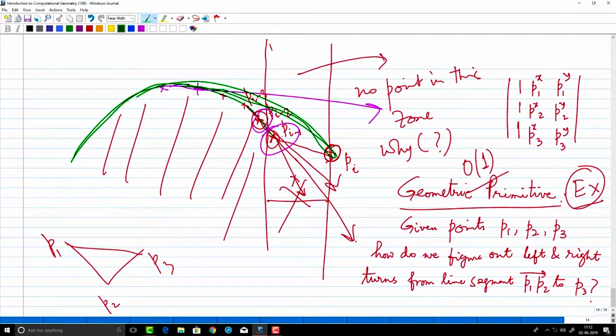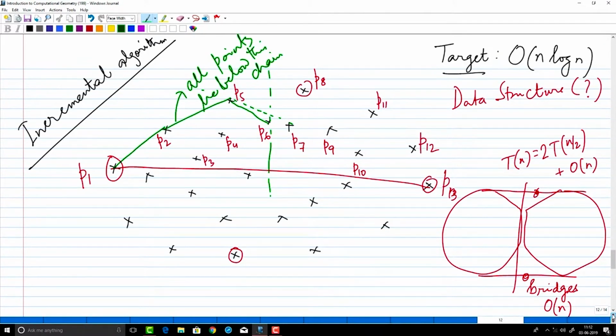Now, try to think of a data structure that would allow me to implement this going back. The data structure is a stack.